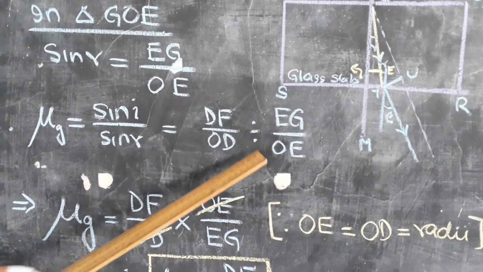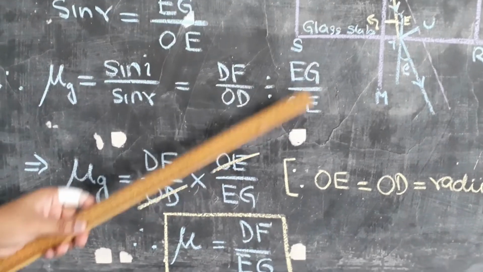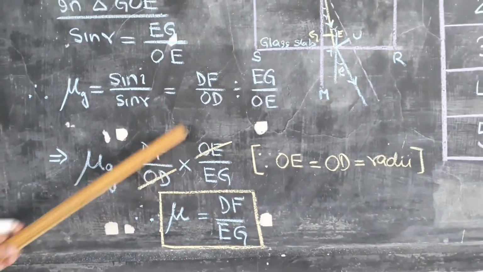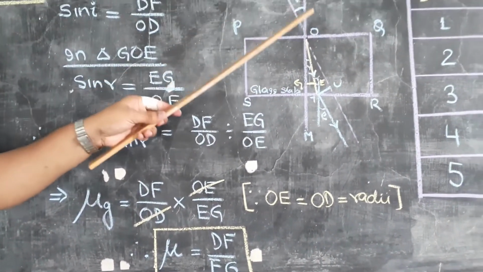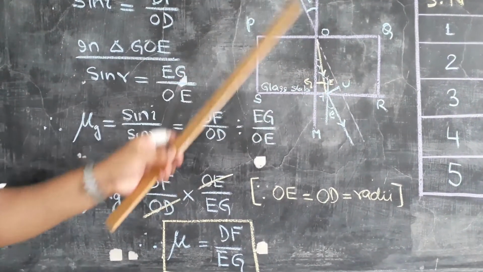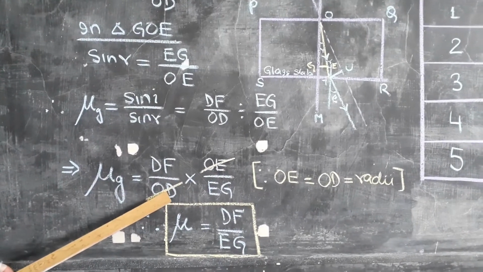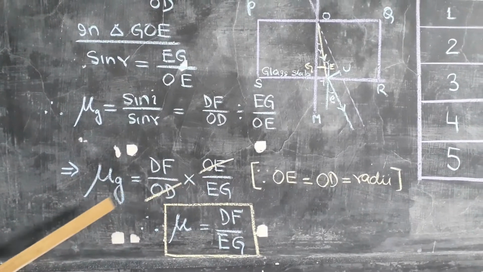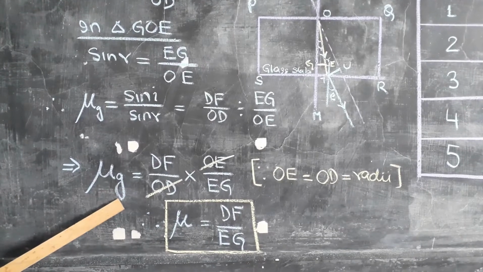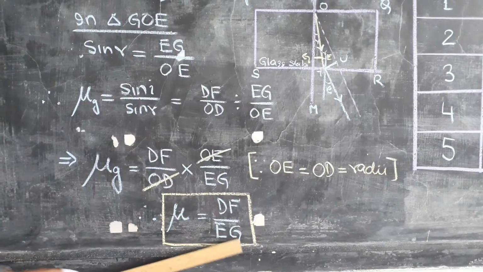Now if you change this division sign into a multiplication sign, this will get reciprocal. Again, OD and OE are the radii of a circle, because we have to draw a circle here. So the radii of the circle are the same or constant, so you can cancel these two. So ultimately we get the refractive index of glass is equal to DF divided by EG.